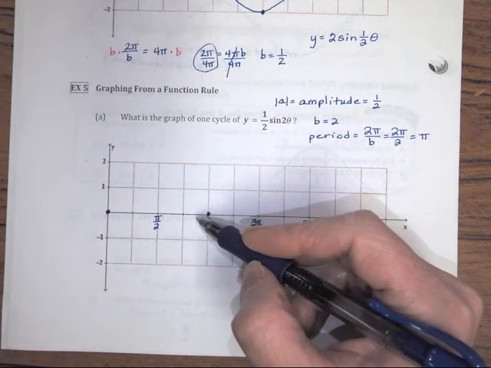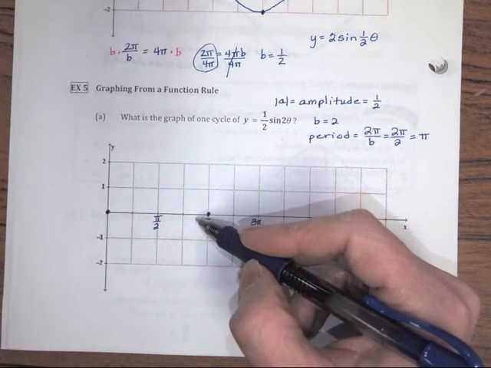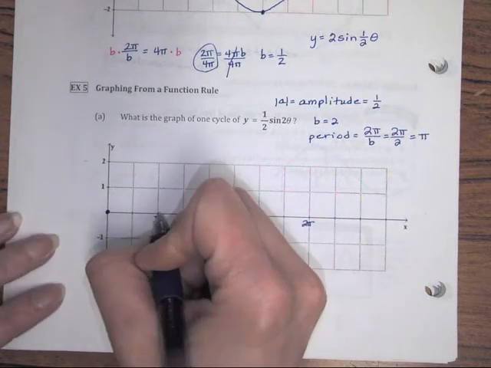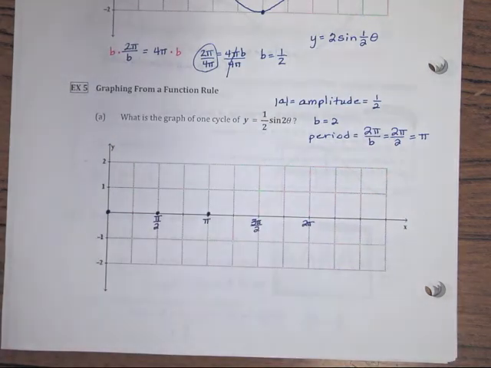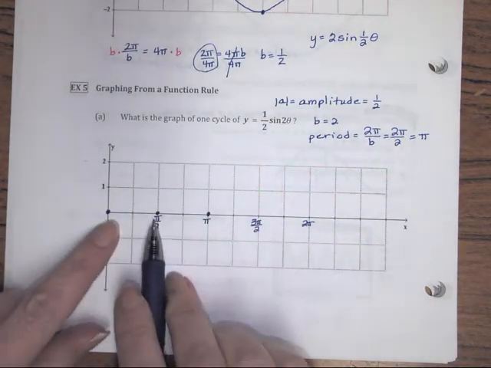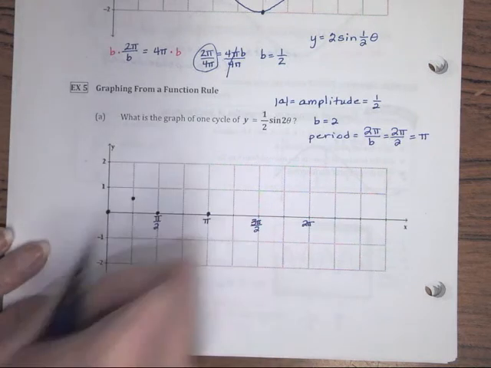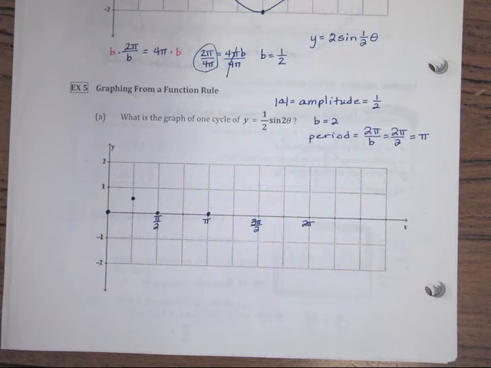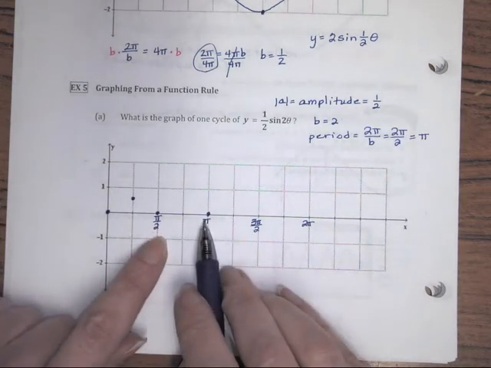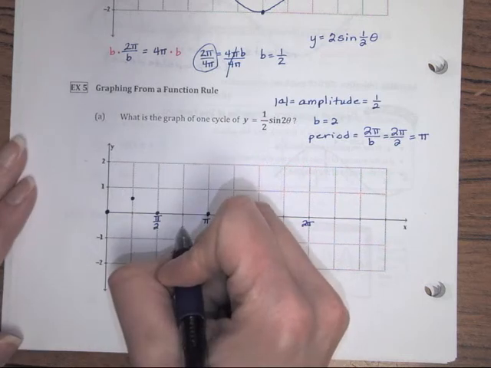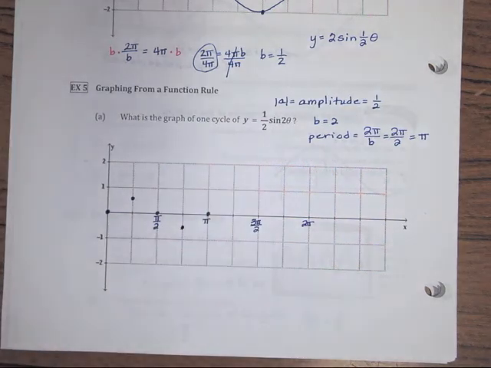It's going to cross 0 right in the middle of that, right? So right here.